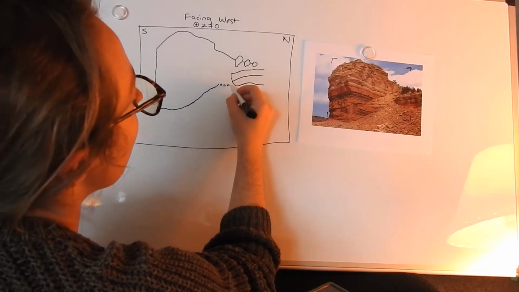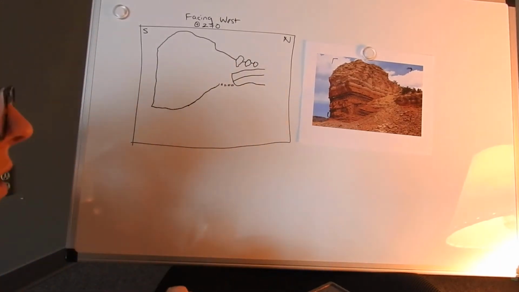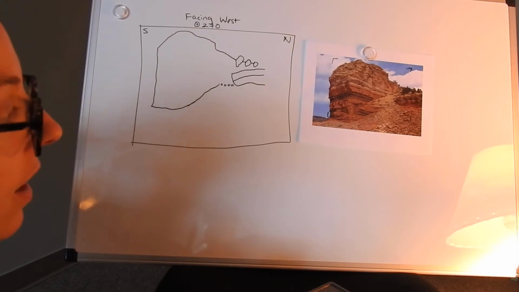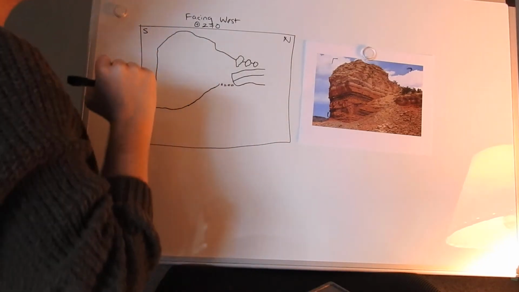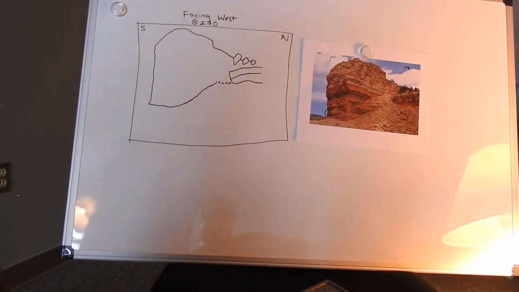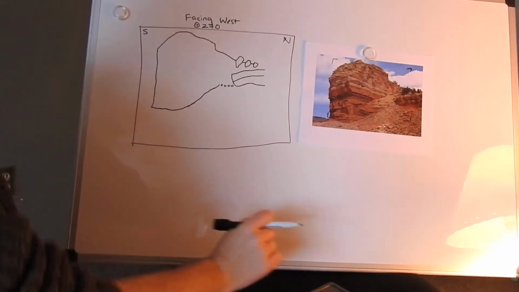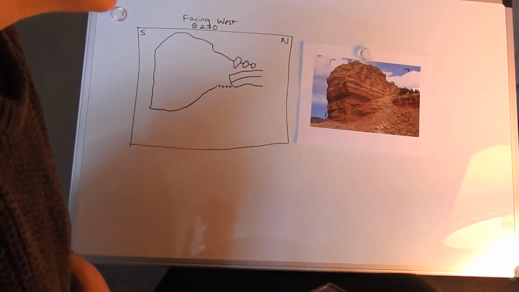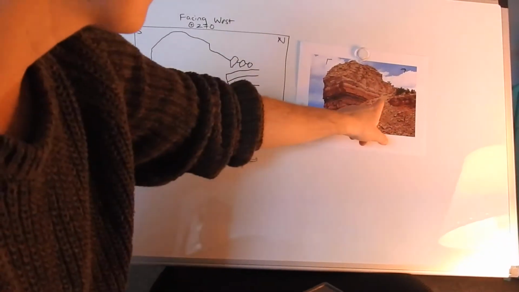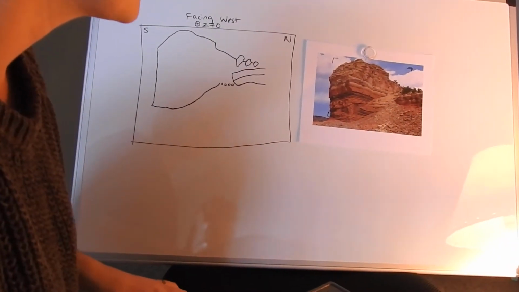I'm just going to draw in a few blocks so I remind myself that that's where my talus slope is. It can be really tempting to draw circles, but talus is not circle in this picture, so I'm not going to draw circles.